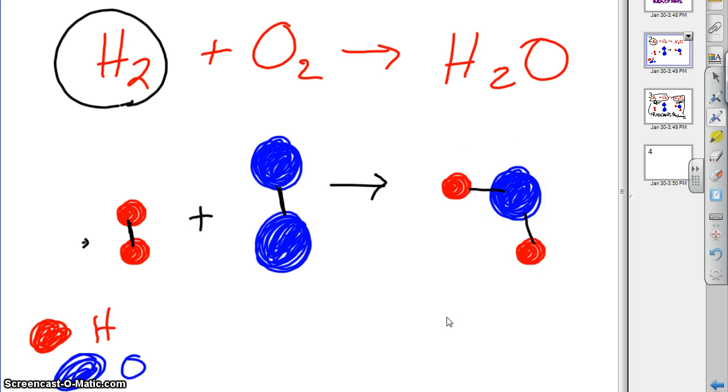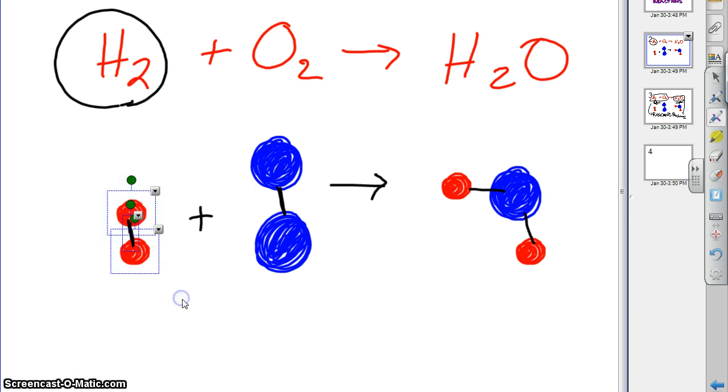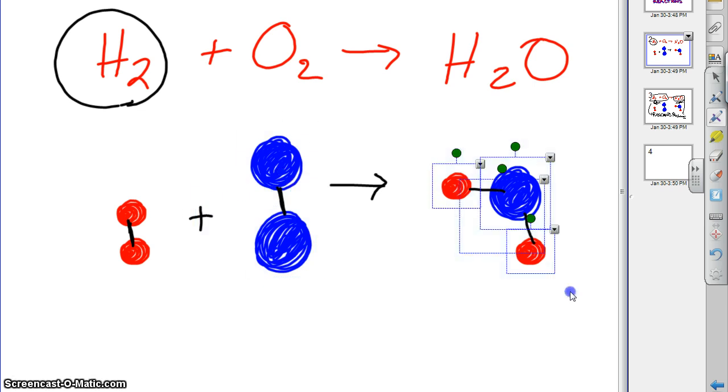That's all good and fine, but if you think about it, we have a bit of a problem. If you just look here and count, we actually have to be able to take this and turn it into this. And that's not possible. Not without leftovers. You've got to be careful.